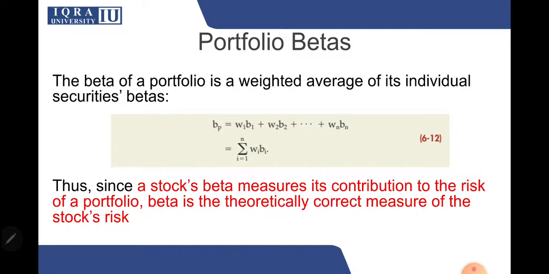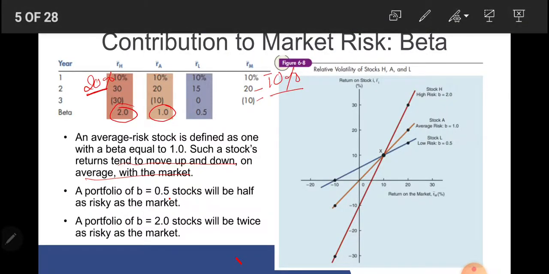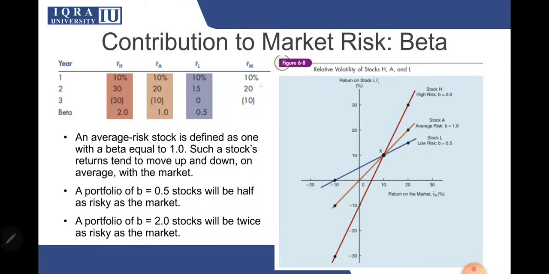I'm going to erase some of what I have written. Similarly, when the stock market goes into loss, from 20 to -10, that's a decline of 30%. When this is the case, you can see that the decline is 60%, because again the beta was 2. So over here, you gained double.